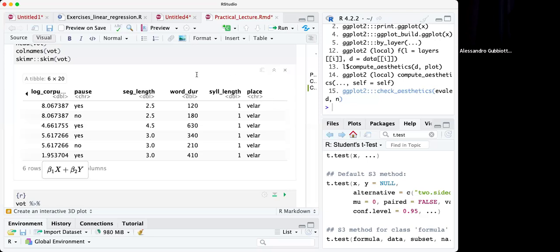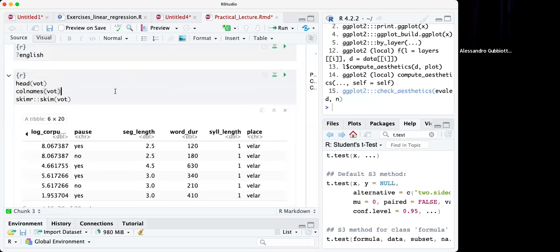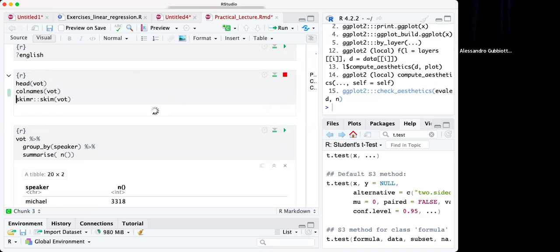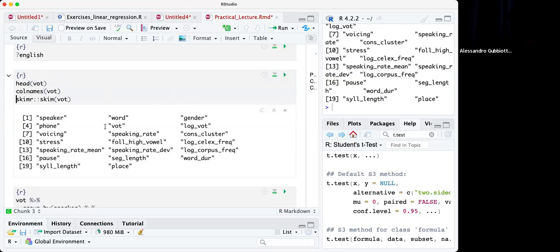I don't know, for instance, what variables are there? Well, there is also the speaking rate mean, the gender.